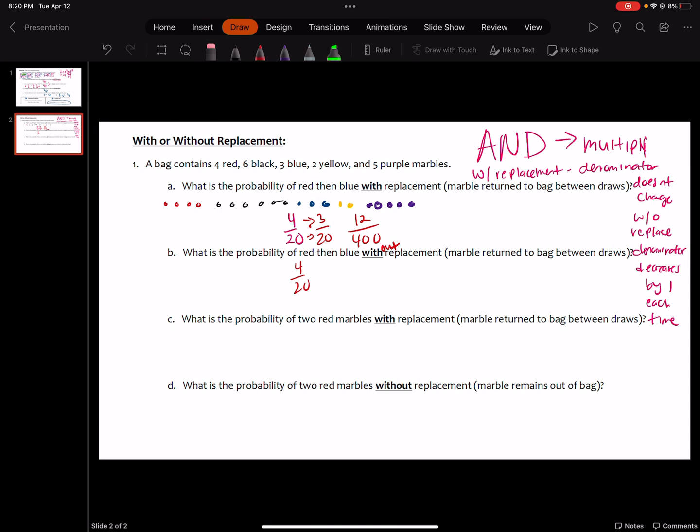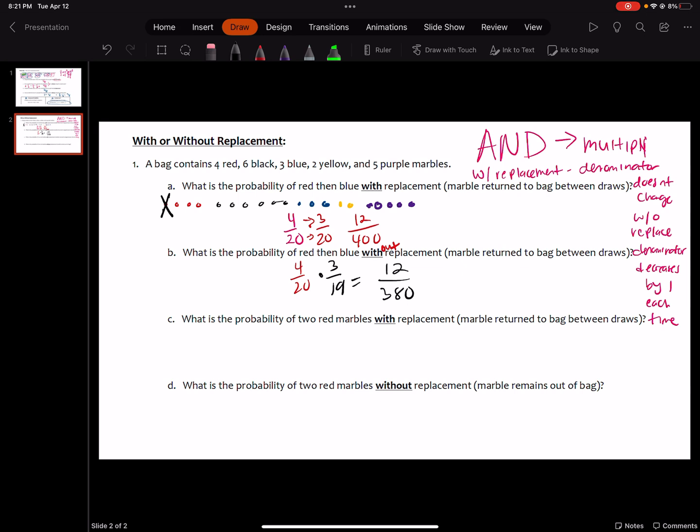So we're going to multiply now, and just hang with me here. If we get rid of 1 red, then we're left with 19 marbles. So then for a blue, it's going to be 3 out of 19. And you're going to multiply straight across. So 4 times 3, and then 19 times 20 is going to be 380.